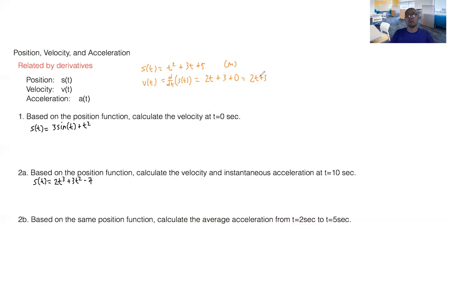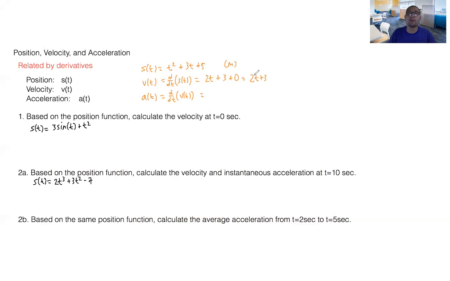If you want to get your acceleration now, all you have to do is take the derivative of your velocity function. So your acceleration, A of t, a function of time, is the derivative with respect to t of velocity. It's just the derivative of this first term plus the derivative of this second term.